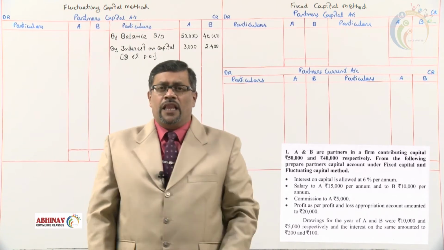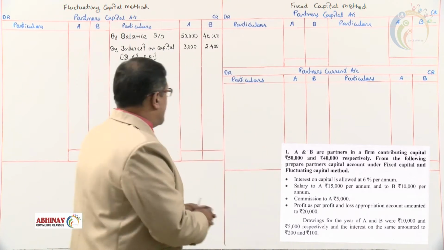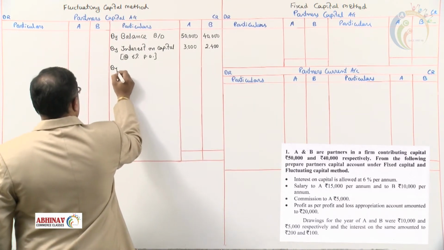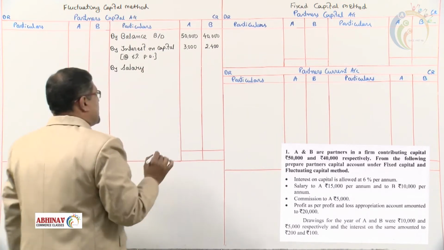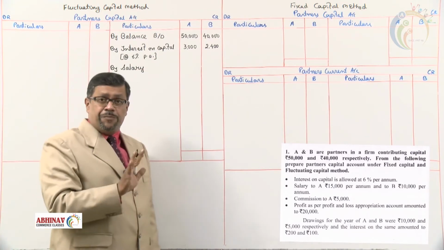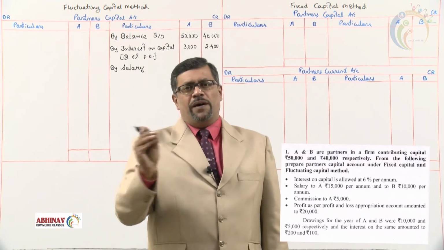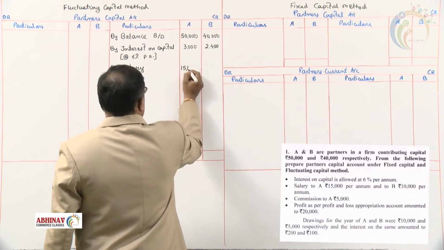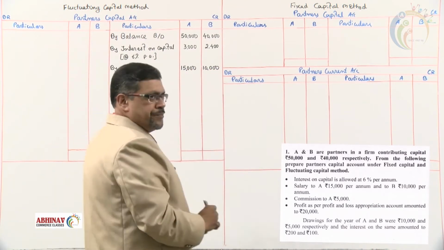Increase in capital is nothing but increase in liability. Let us credit that by salary. The salary the partners are getting is per annum. If it is per month, we'll multiply by the number of months and take the amount. Here, directly we'll show it as A 15,000 and B 10,000.